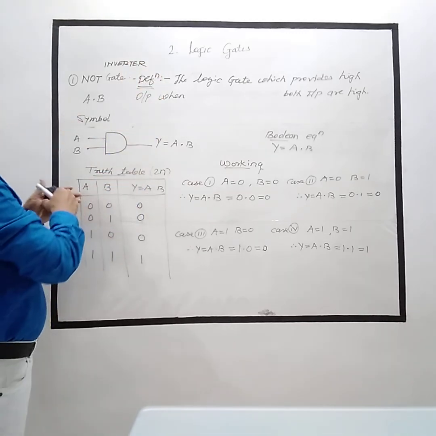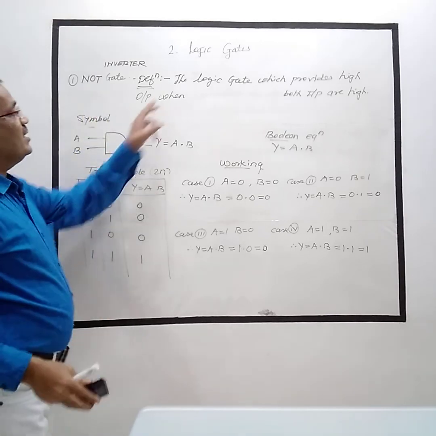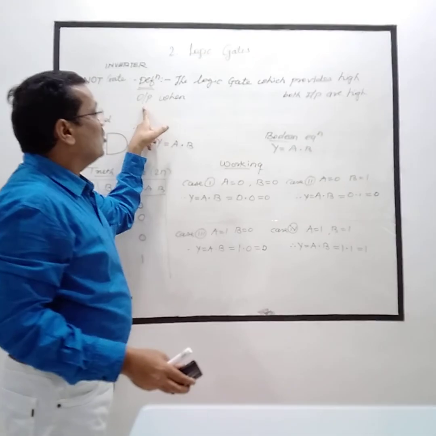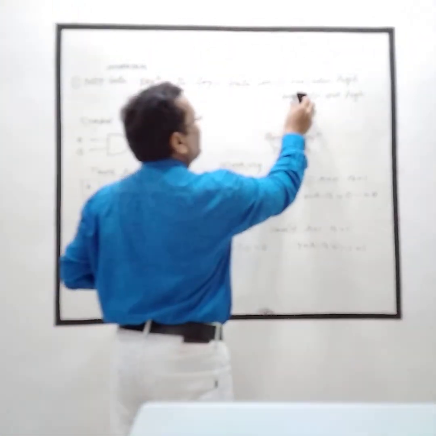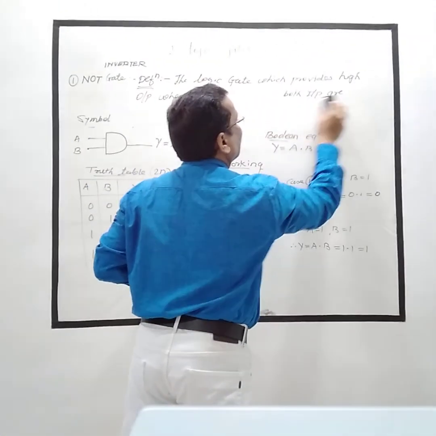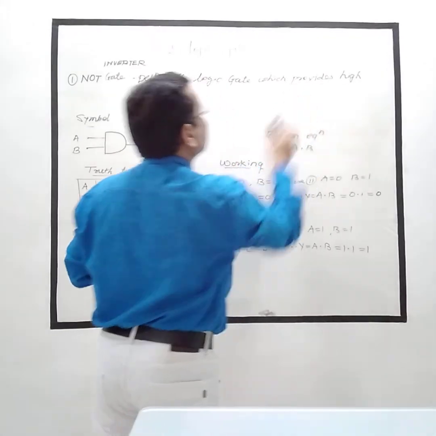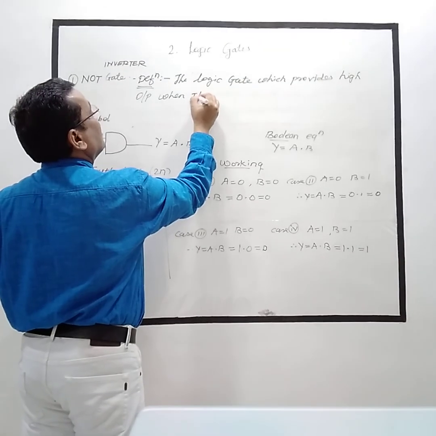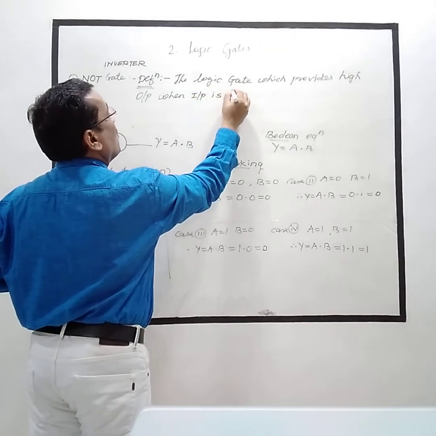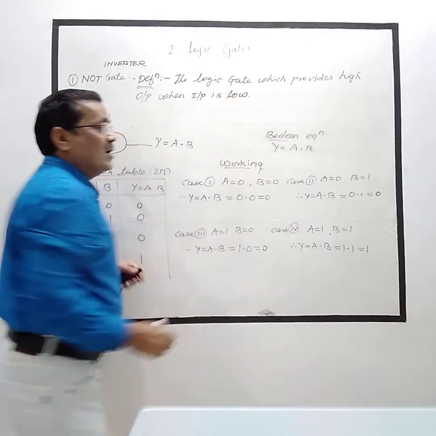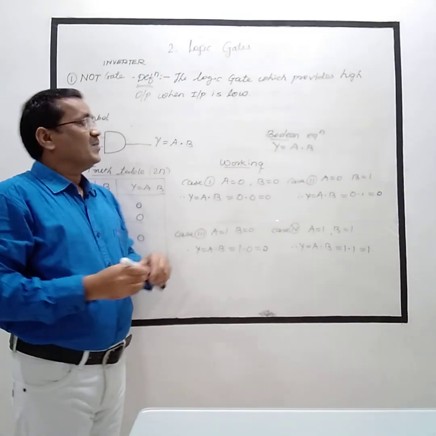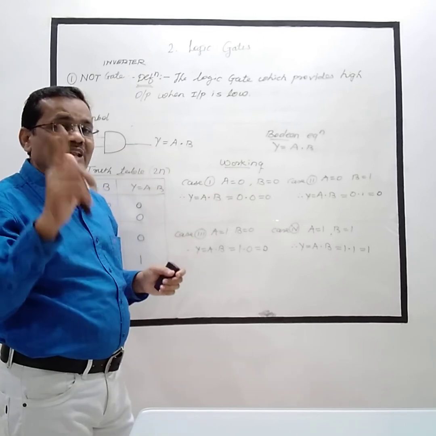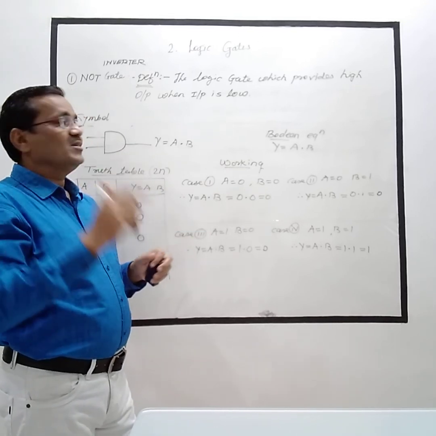So the NOT gate is a logic gate which produces a high output when its input is low. This logic gate has only one input and one output.